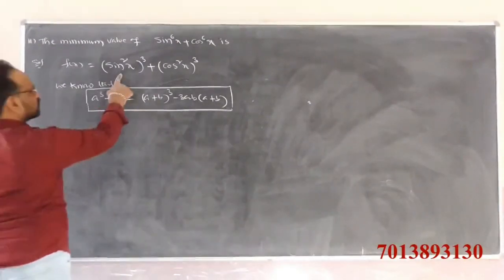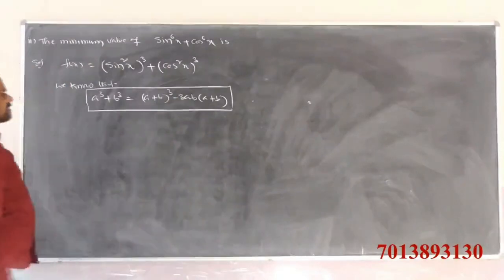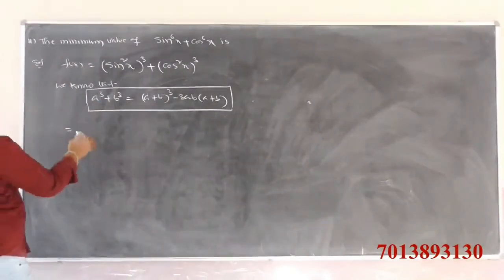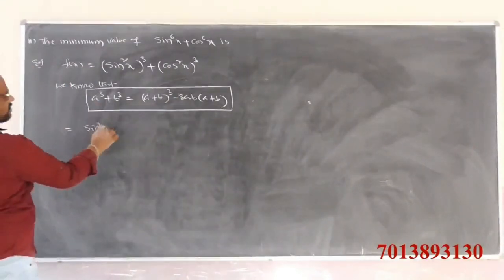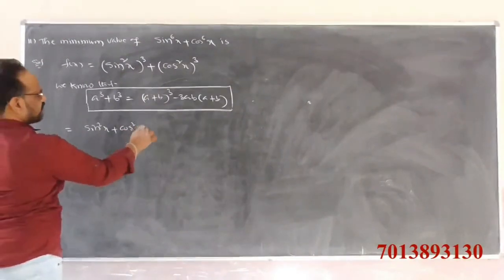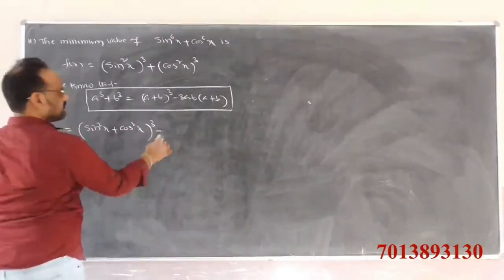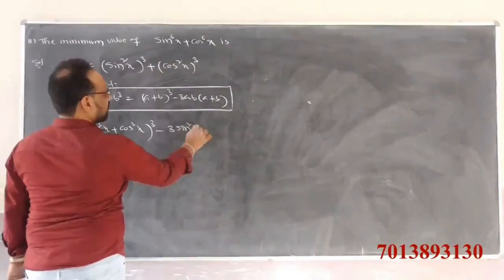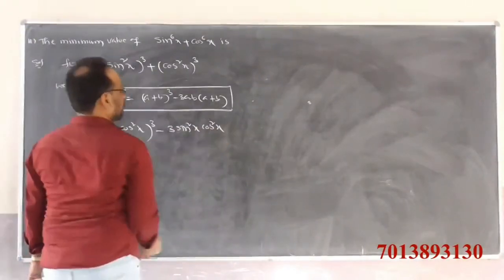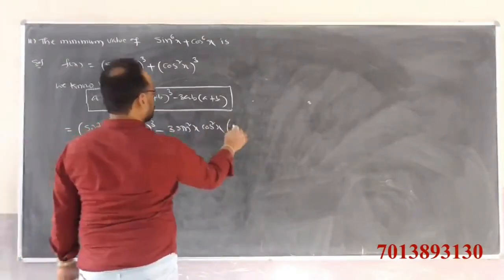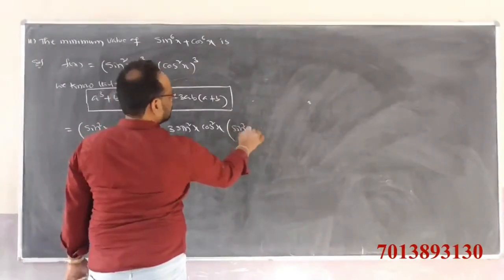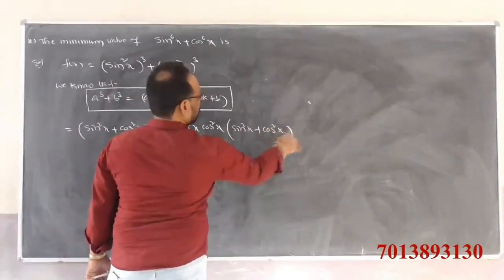So clearly a value is sin square x and b value is cos square x. So we get a plus b whole cube, that is sin square x plus cos square x whole cube, minus 3 into sin square x into cos square x into a plus b, which is sin square x plus cos square x.